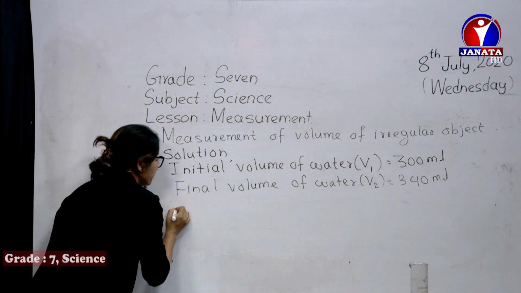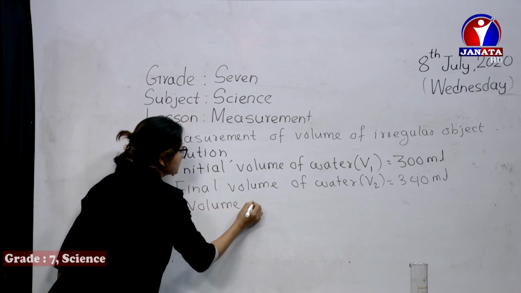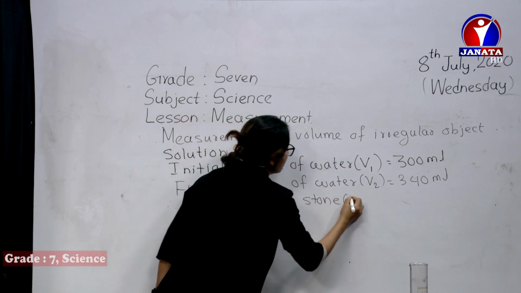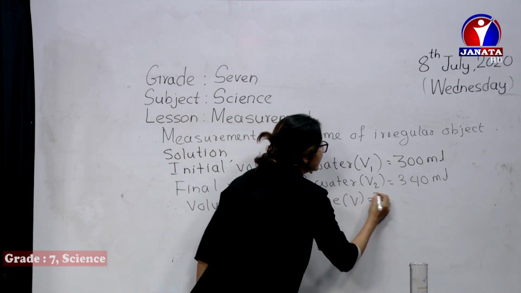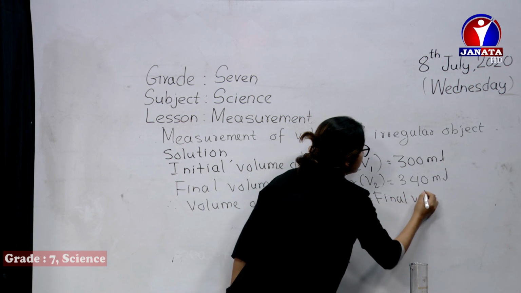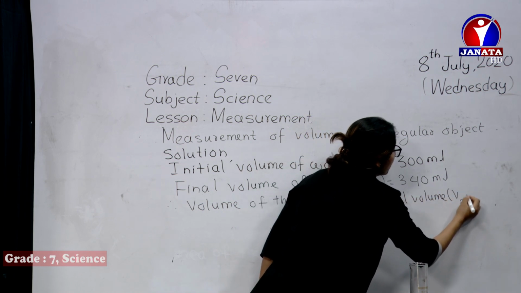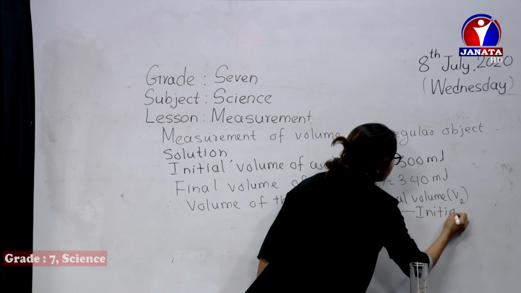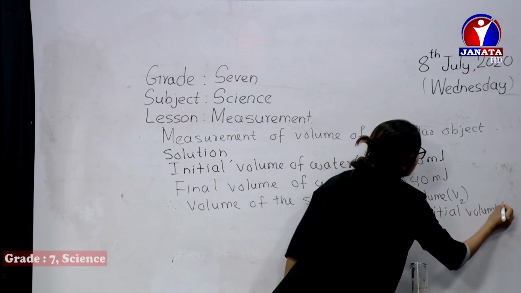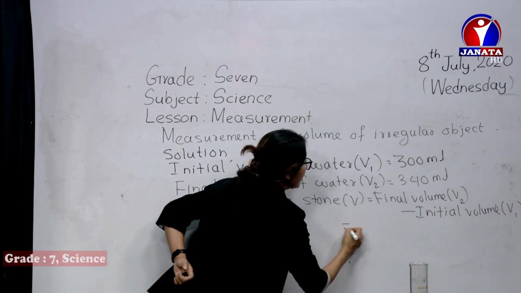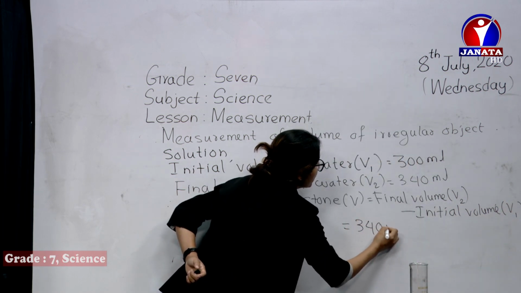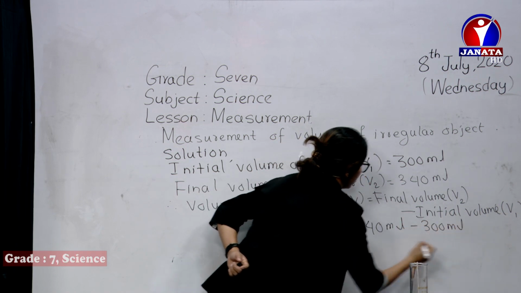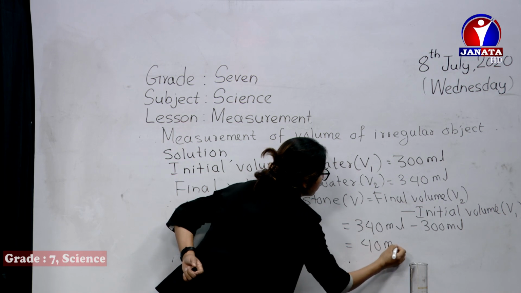Therefore, the volume of the stone, or the volume of the irregular object, V, is equal to the final volume of water V2 minus the initial volume of water V1. When we deduct 300 ml from 340 ml, we get 40 ml.